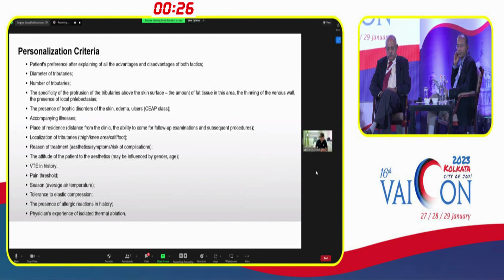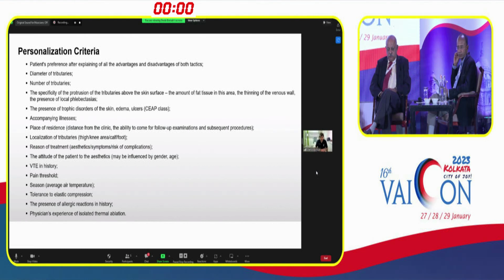In Russia it's quite important because we can sometimes have patients from the far north, thousands of kilometers away, and of course for them simultaneous treatment is preferable. The ability to come to follow-up examinations and subsequent procedures.